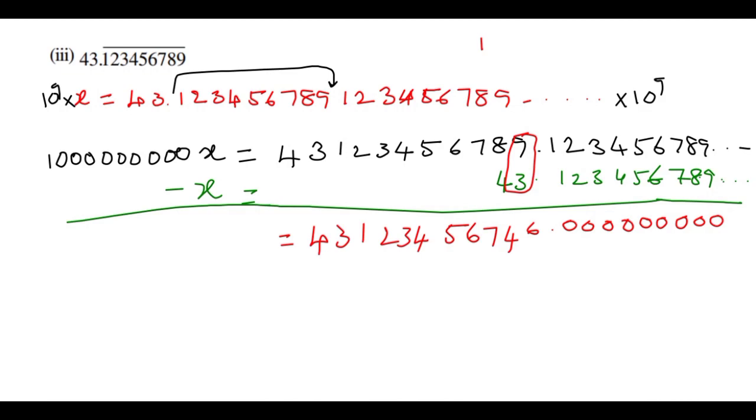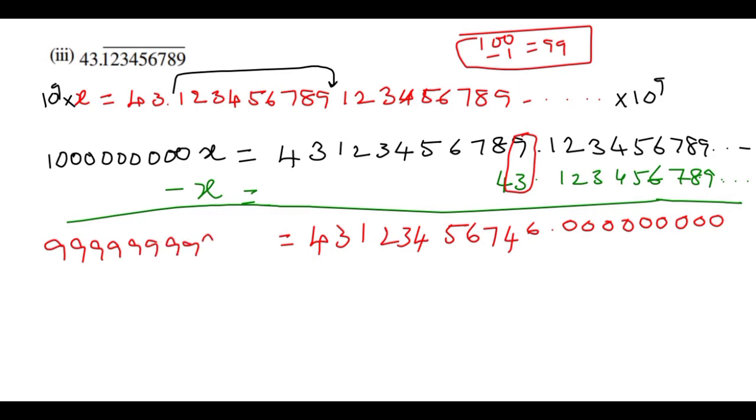A simple logic I will tell you. What is 100 minus 1? 99, right? That means from 100, if you subtract 1 you will get two 9s. Similarly, 10 power 9, if I subtract 1, then what I will get? Nine 9s. So 999999999 x.